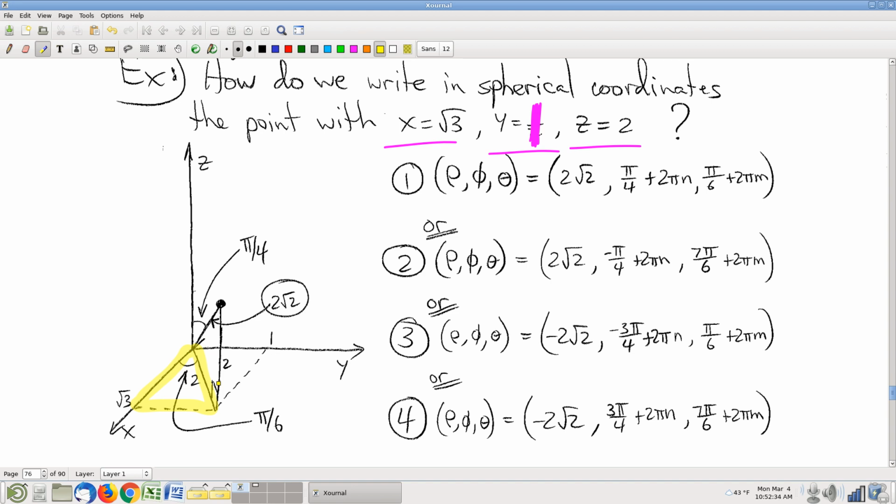And then there's this other triangle right here, which, as it turns out, is another familiar right triangle of 45, 45, 90. So you make those observations, and it's not hard to deduce that this angle in here is pi over 6, and this angle here is pi over 4. And with those observations, this magnitude, by the way, is 2 square root of 2.